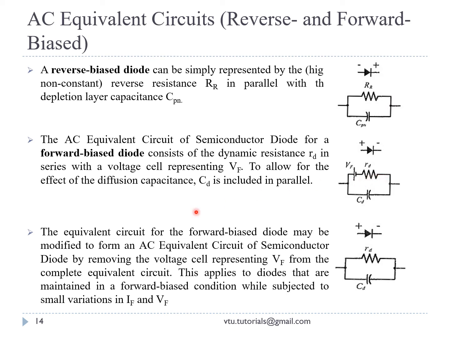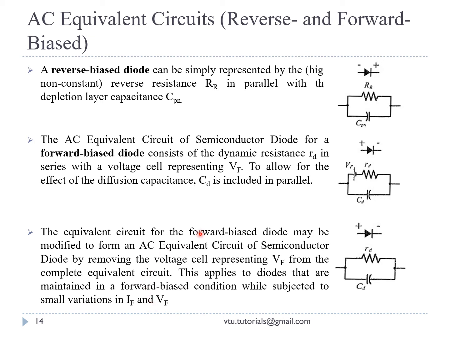The equivalent circuit for a forward bias diode may be modified to form an AC equivalent circuit by removing the voltage VF from the complete equivalent circuit. This applies to diodes maintained in forward biased condition while subjected to a small variation in IF and VF.